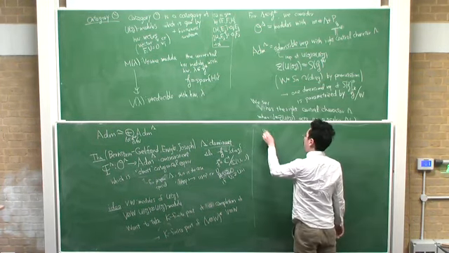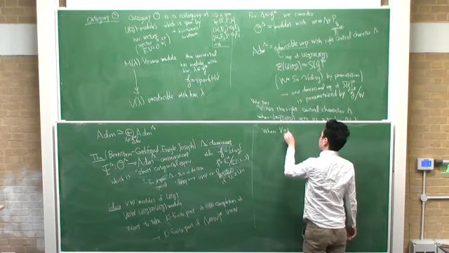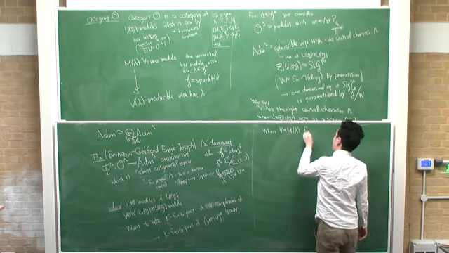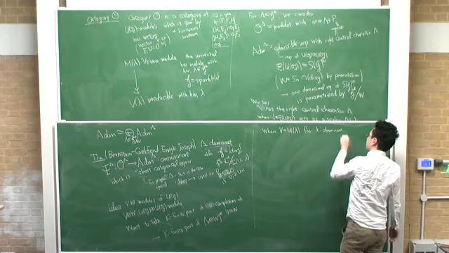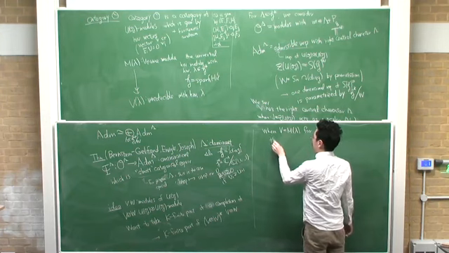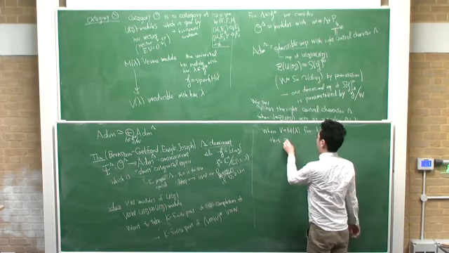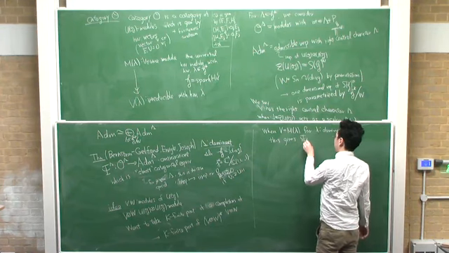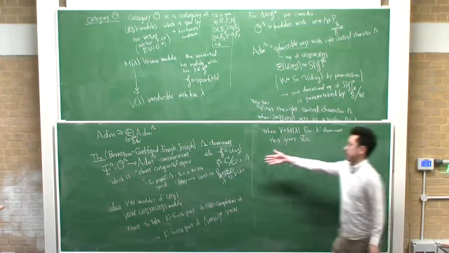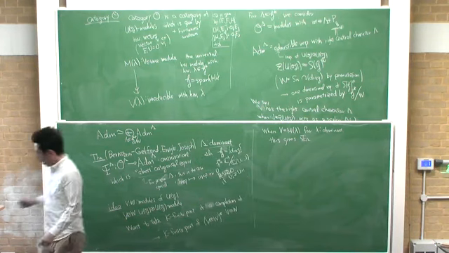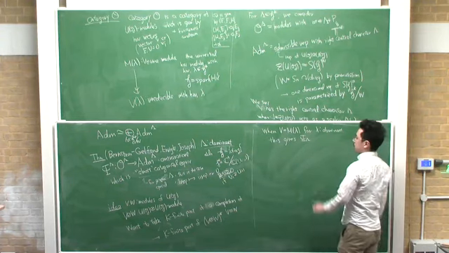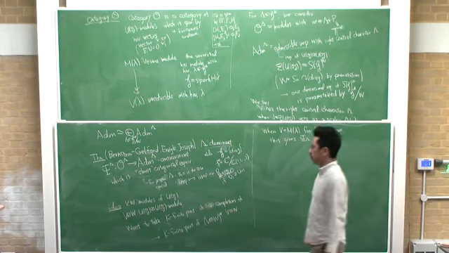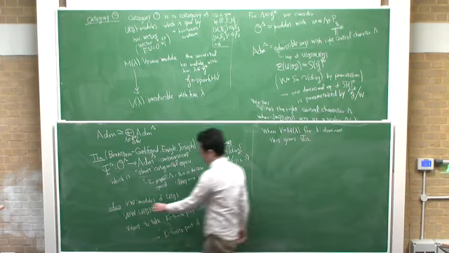So when V is equal to n lambda for lambda dominant, this gives the psi lambda which I introduced here.